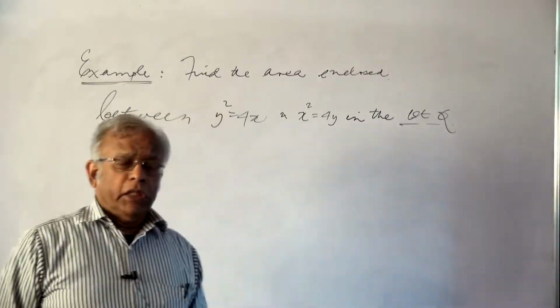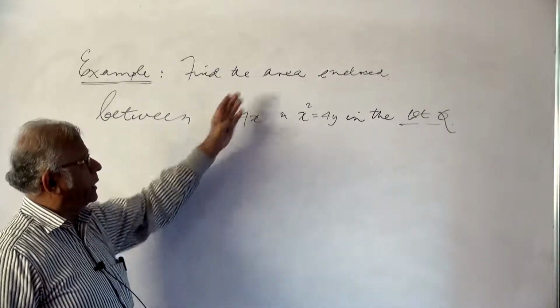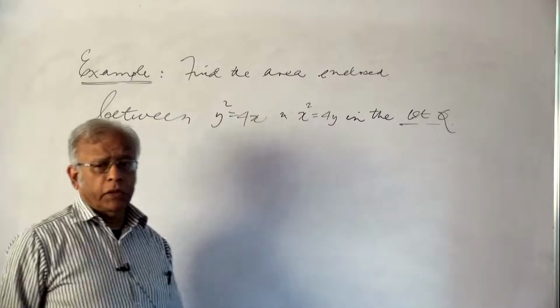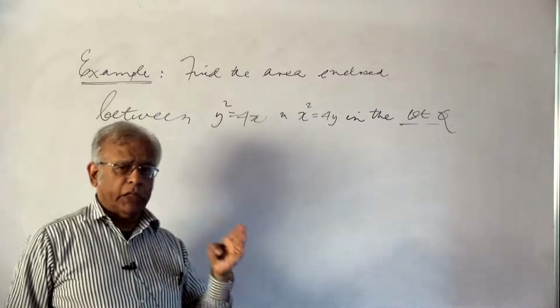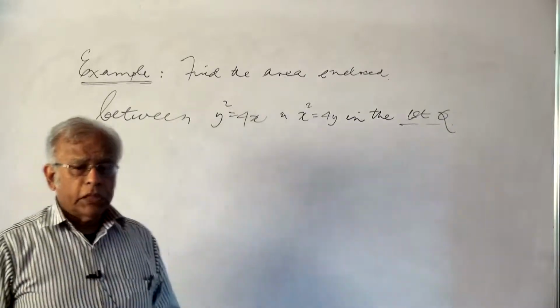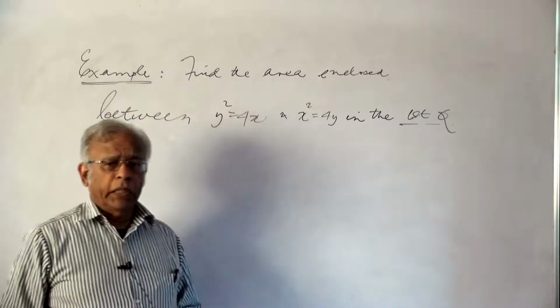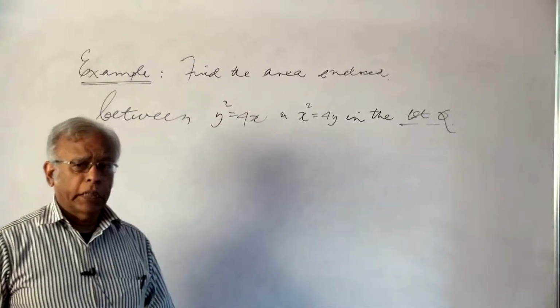Now, it is important to emphasize that when we try to find the area that is trapped between two curves, between set values of x is equal to a, x is equal to b, we must be able to visualize the area properly, and for that we need to draw a diagram.